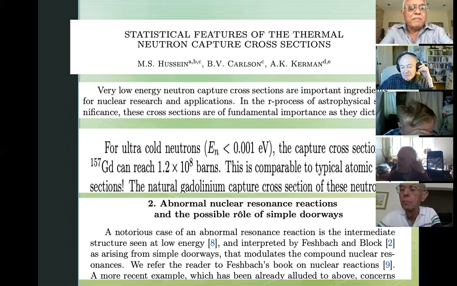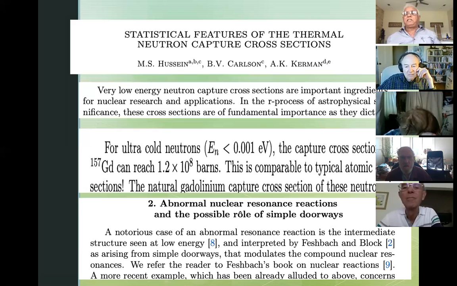They also note that ultra cold neutrons, even 0.001 eV, get captured. Now for capturing, we need resonance. Without resonance, it cannot capture anything. That is my whole goal, why they are saying this.